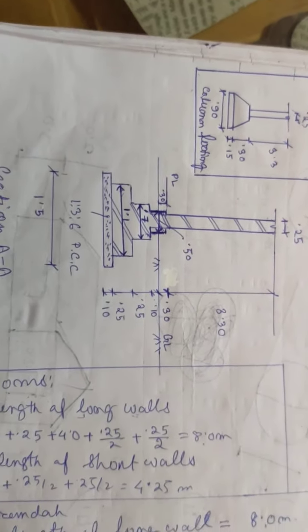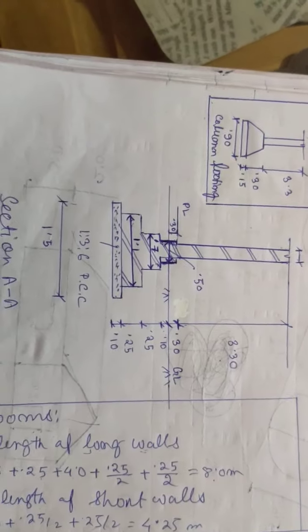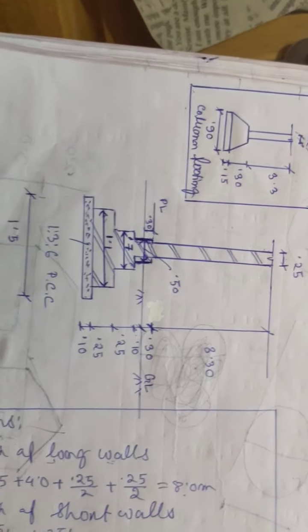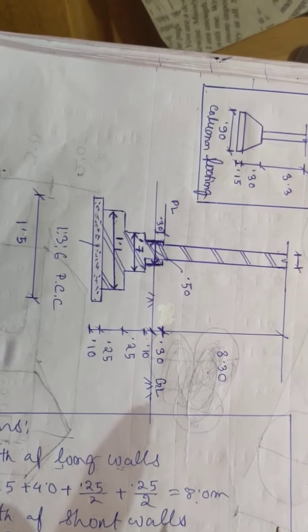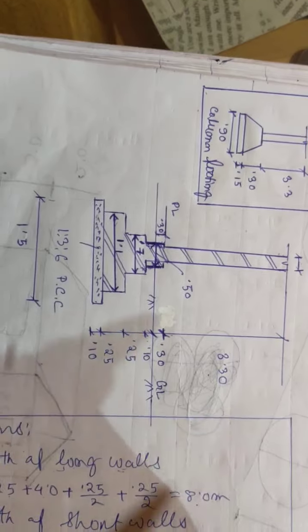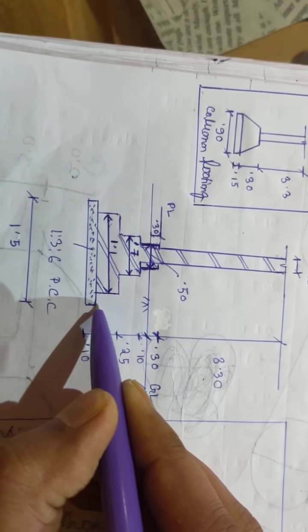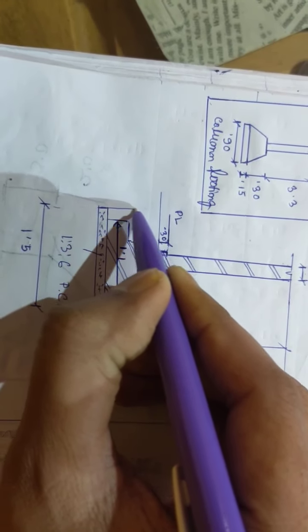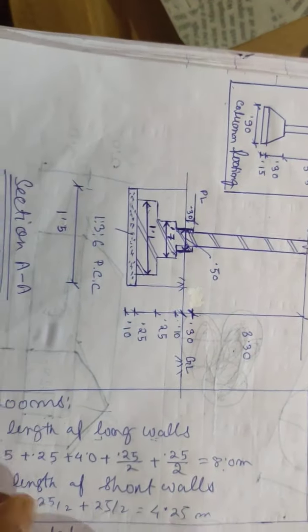For that we'll have to go to this drawing. What is the breadth of earthwork in excavation? For foundation, the amount of earthwork that needs to be excavated, so this is the trench. This is the trench that we have to dig.